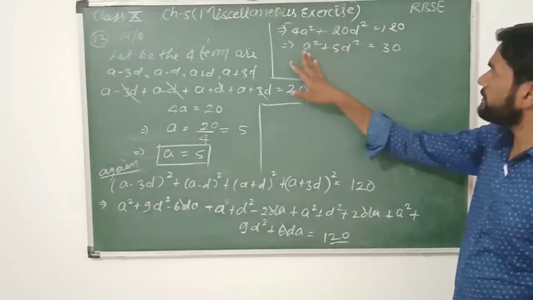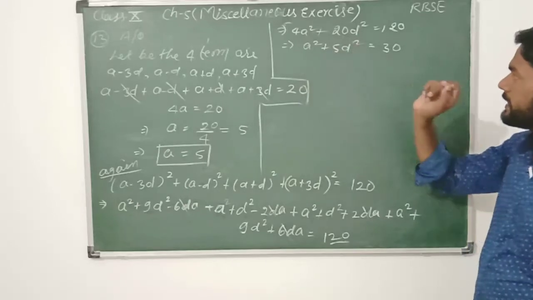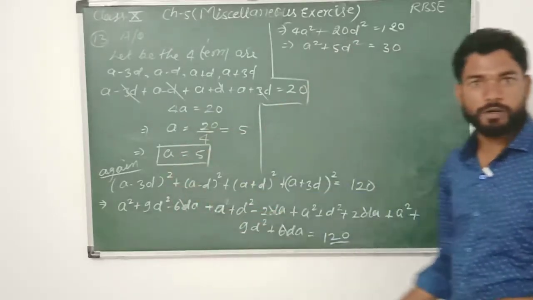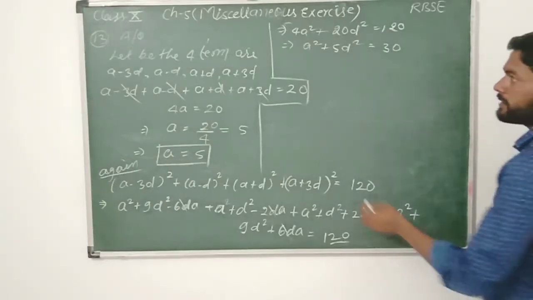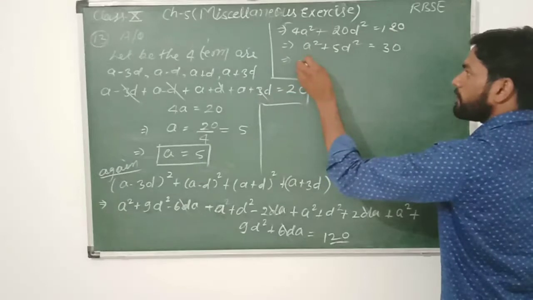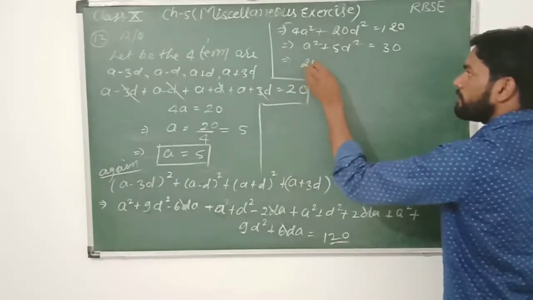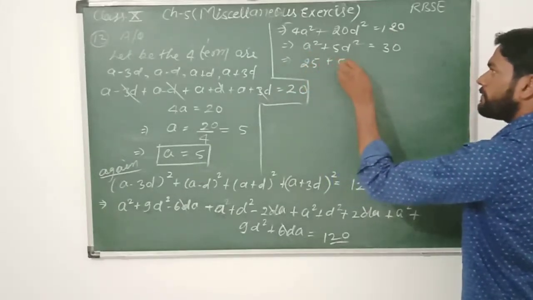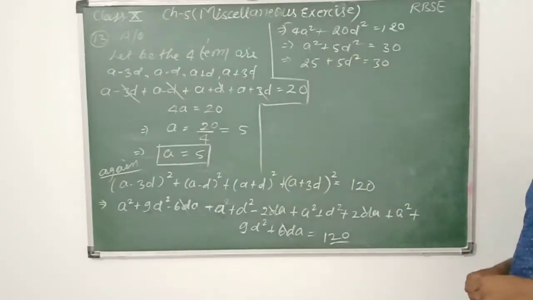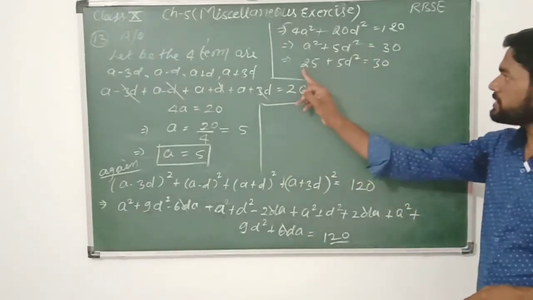Now here two variables are available, first is a and second is d, and the value of variable a we have already calculated in the previous method. a is equal to 5. Apply it in this case: 5 square is 25, so 25 plus 5d square is equal to 30. Now transpose the constant term to the right side.